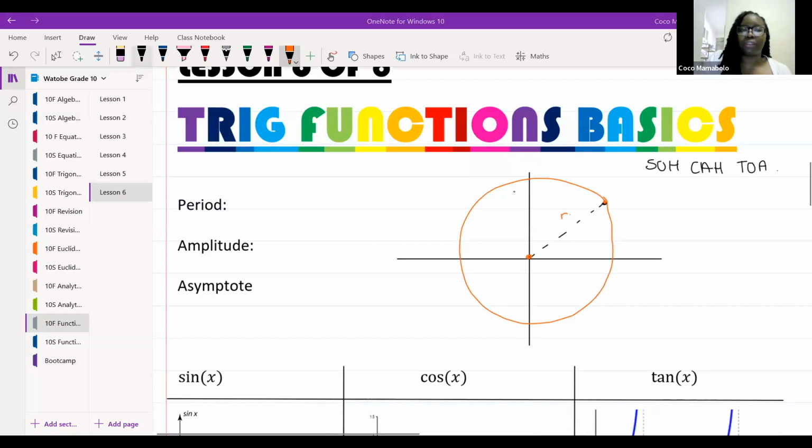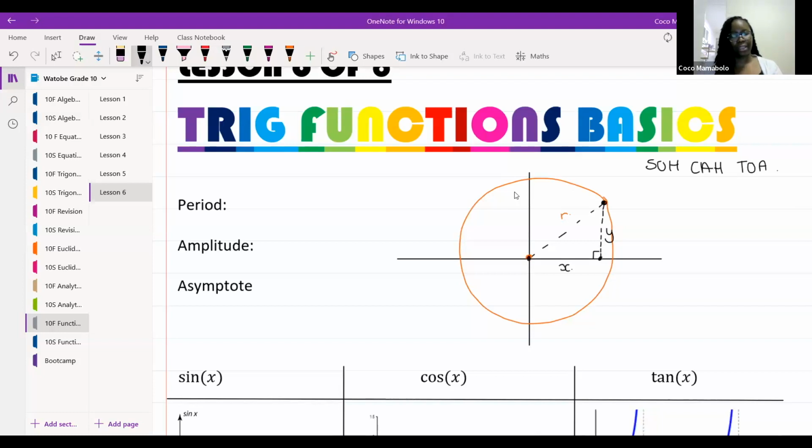From this point, we can draw a straight line that makes a 90-degree angle with our x-axis. This is our x value, how far the point is along the x-axis. And this is our y value, how far that point is from the x-axis.